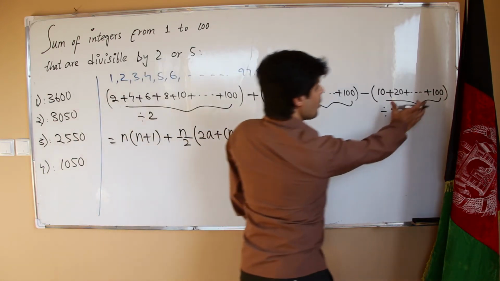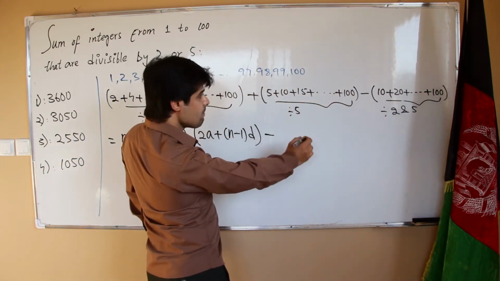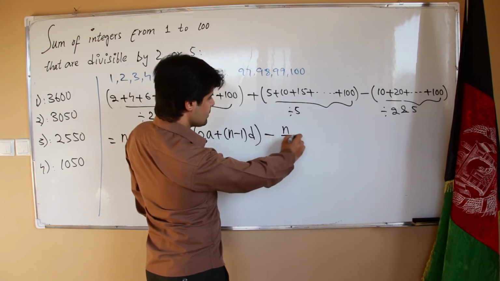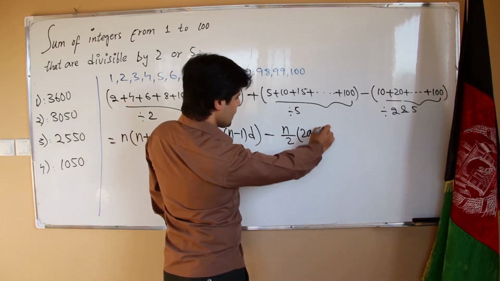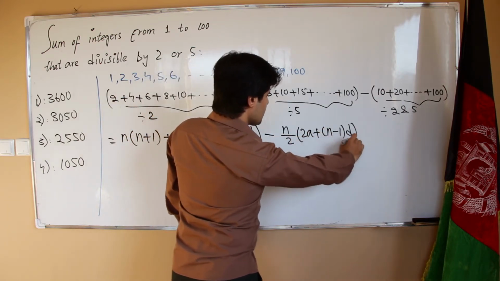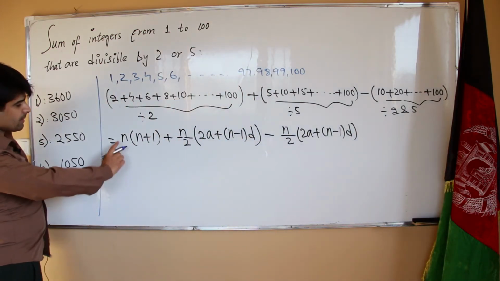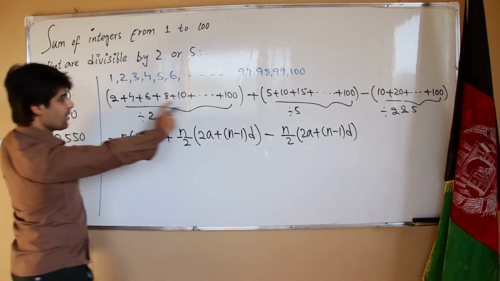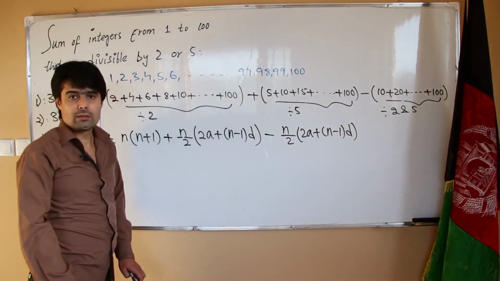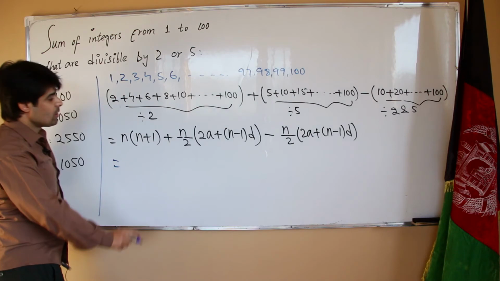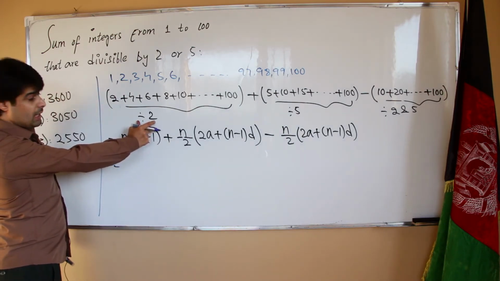Minus, this one is also an AP. The AP summation is n divided by 2, 2a plus n minus 1 d. Now, what does this n mean? The terms which we have from 2 up to 100. How many terms do we have which are divisible by 2? I think 50.